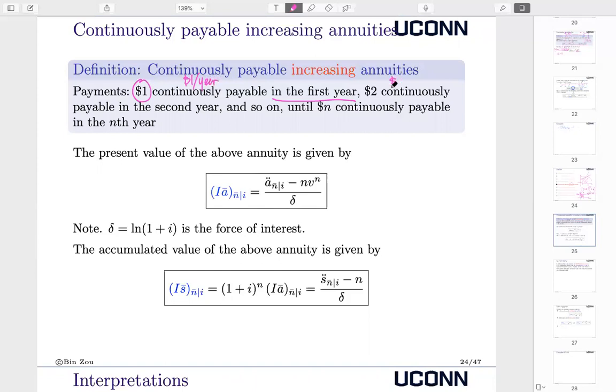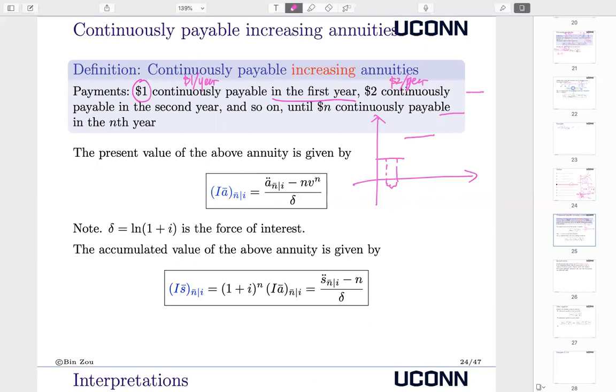Here it will be 2 per year. Right? That means, roughly speaking, you will have this kind of shape. So again, this is the rate function, the payment rate function. In order to convert it into the amount of payment, you need some time. Okay, you need a time interval to convert the rate to amount.